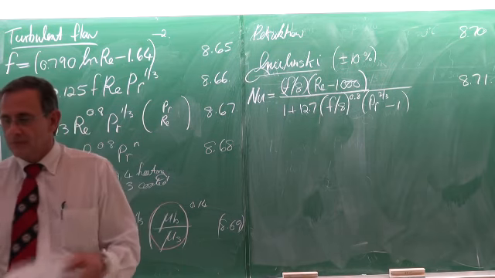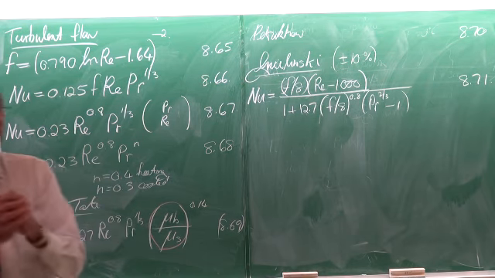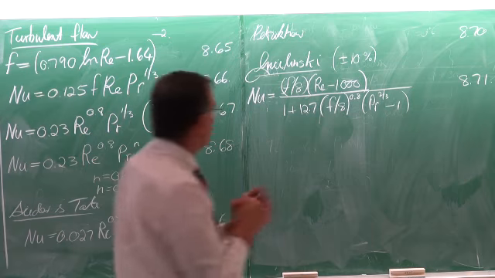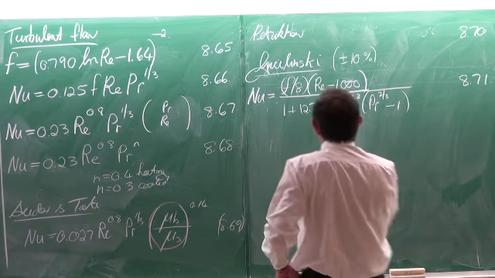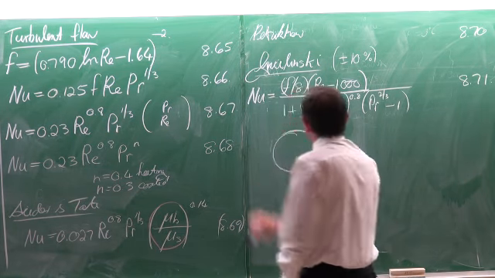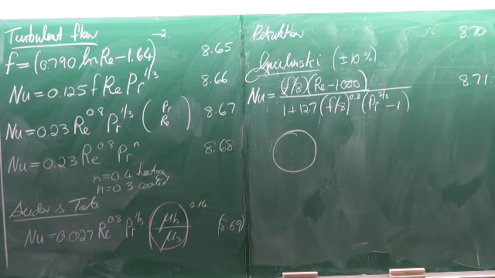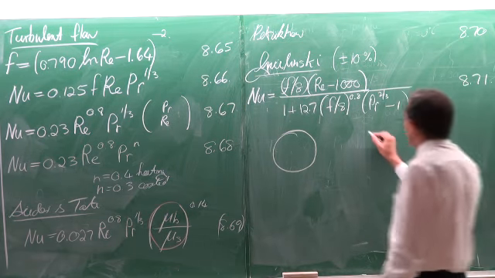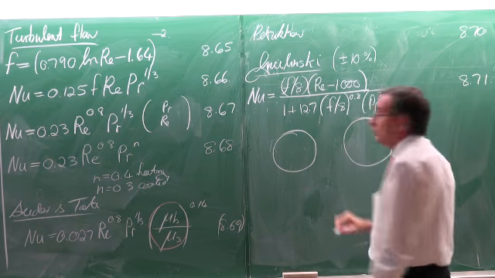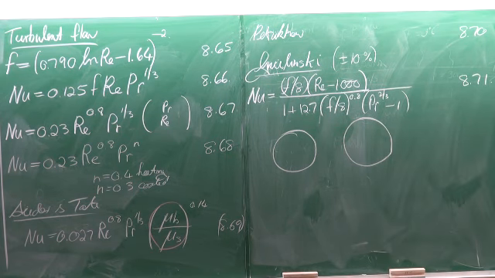Right, so the last thing that we also have to do in terms of the theory is that all these equations are for a smooth tube. Now in industry, we want to actually have much higher heat transfer rates.